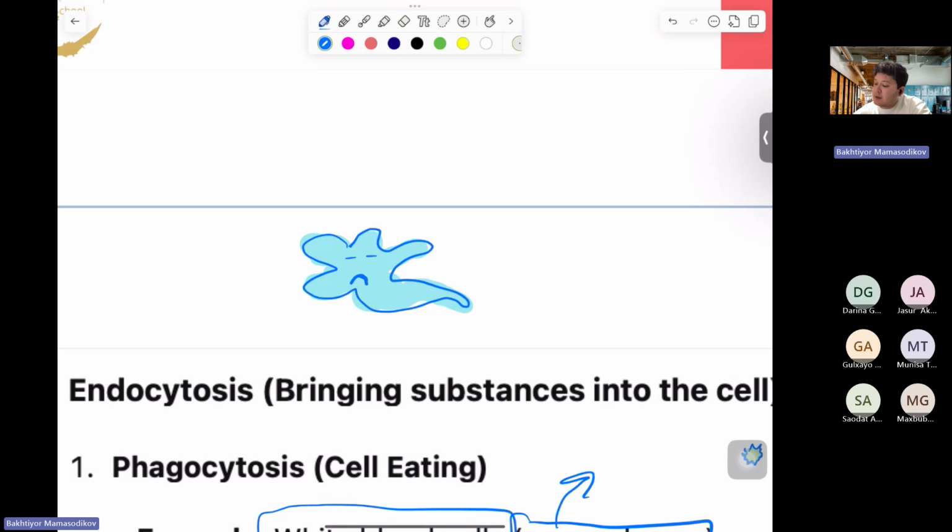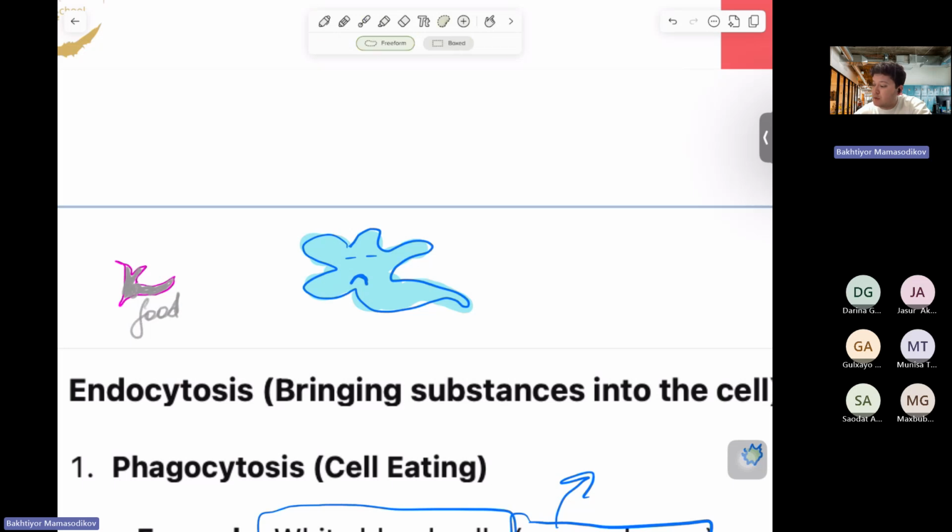If this amoeba sees any kind of food, for example a food particle, which amoebas love, imagine this is the food. What is it going to do?